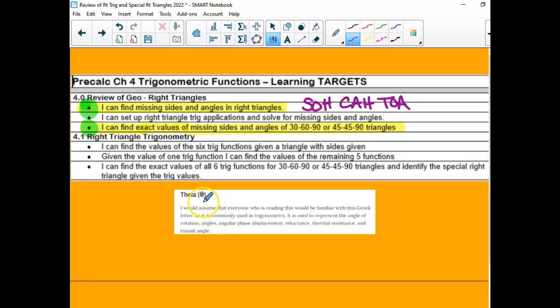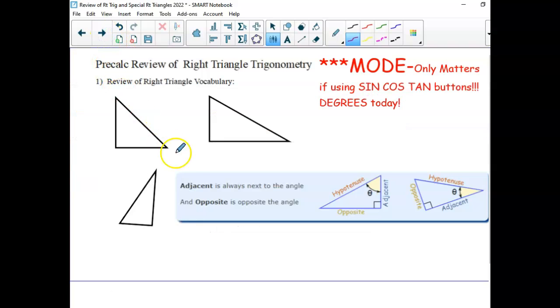All right, there is a little note down here that this is a theta, a Greek letter theta that we will use a lot starting even today. There's a lot of Greek letters in trig in general, but this is the one that we're going to use today. Is that okay with everybody? Everybody understands what that symbol means? It's just like an X, but it's called a theta.